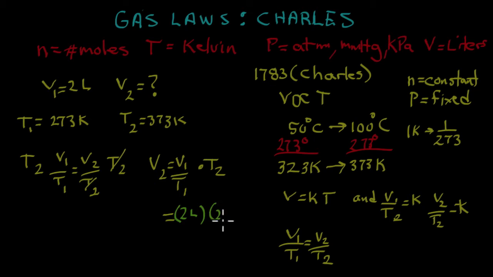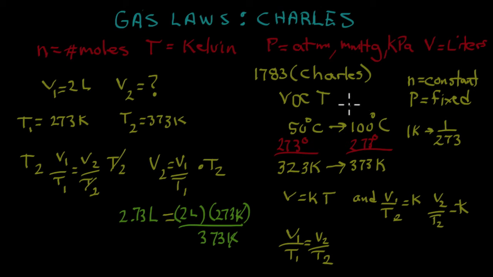Initial temperature is 273 Kelvin. The final temperature, T2, is 373 Kelvin. Kelvin cancels out, so we have 2 times 373 divided by 273, and that comes out to about 2.73 liters. So once again, we've gone up 100 degrees, but the volume did not double, of course. It's 2.73 liters.